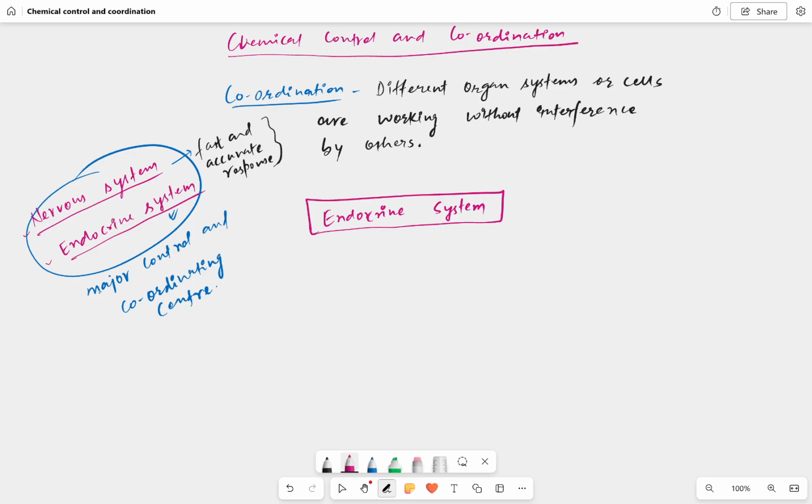So what is the endocrine system? Before starting the endocrine system, let's have a discussion on the glands.